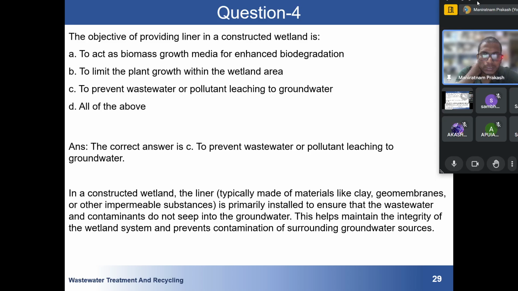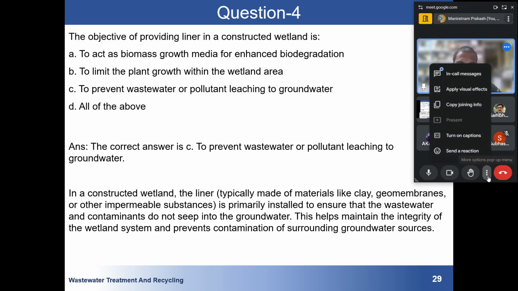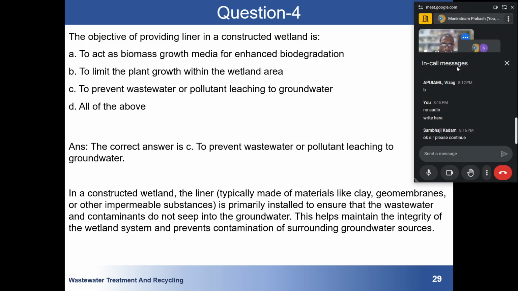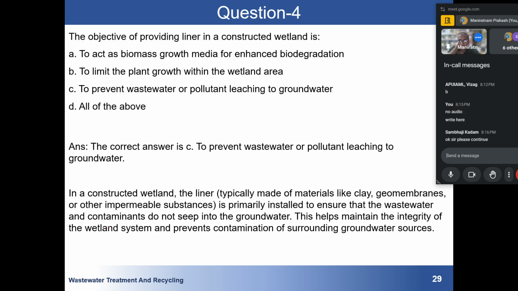The answer is: in a constructed wetland, the liner, typically made of material like clay, geomembranes, or other impermeable substances, is primarily installed to ensure that wastewater and contaminants do not seep into the groundwater. This helps maintain the integrity of the wetland system and prevents contamination of surrounding groundwater resources.